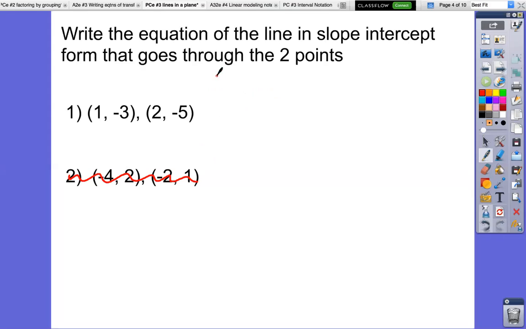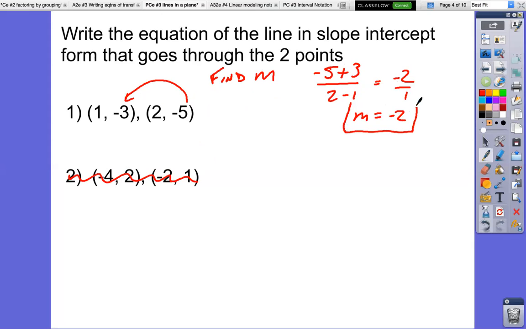So you have to start by finding your slope. When you find your slope, my slope is just -2. The only reason we're even talking about this right now is because it's been at least a year since you guys have seen this.